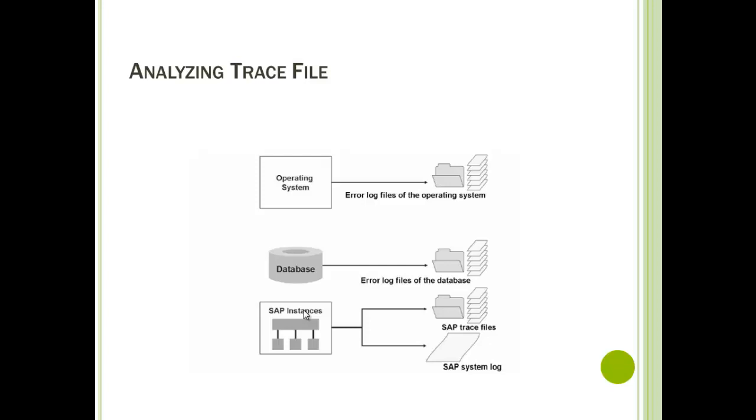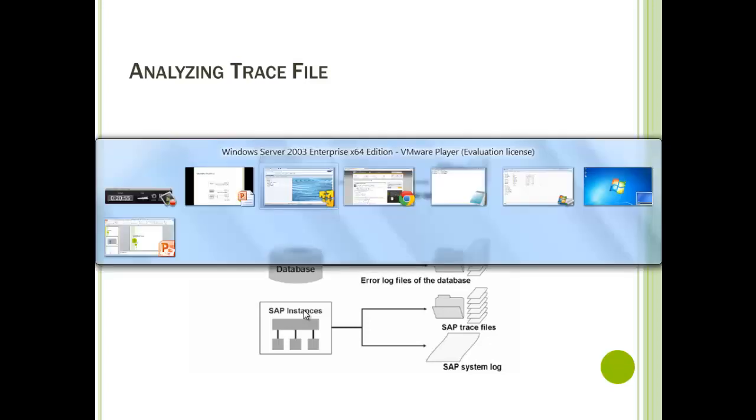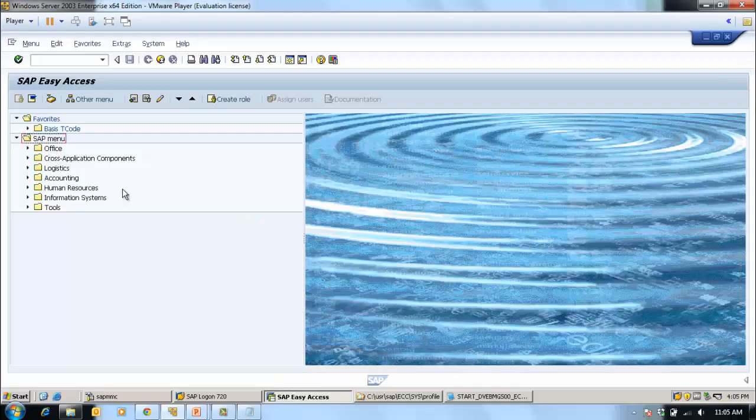Whatever is available in the operating system, or whatever you would like to do in Basis, you can really do from inside SAP. So you need to know where to look. Inside SAP you can do almost everything. So let's go to SAP and see where to look for this information. You go to transaction SM21.